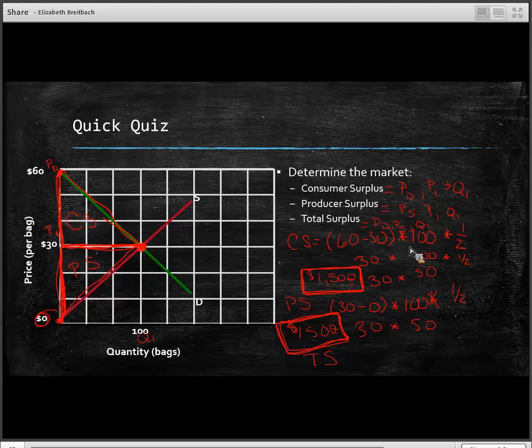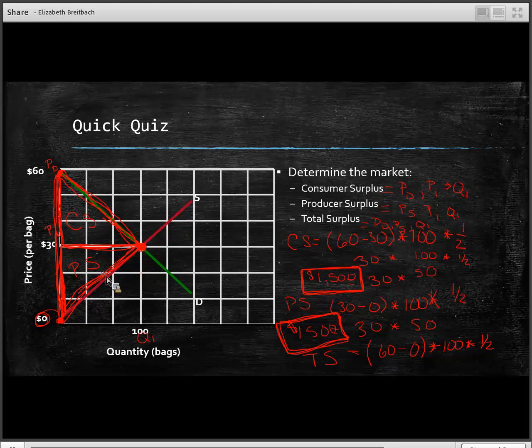It equals PD, 60, minus PS, which is 0, times 100, times 1/2, because it's still a triangle measuring the whole area from 0 to the equilibrium quantity.